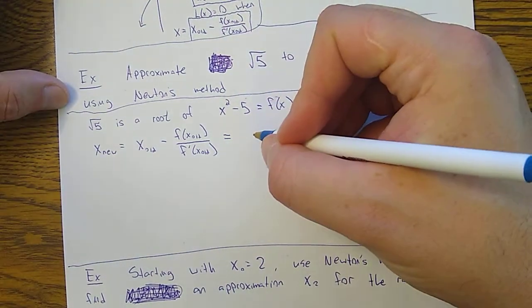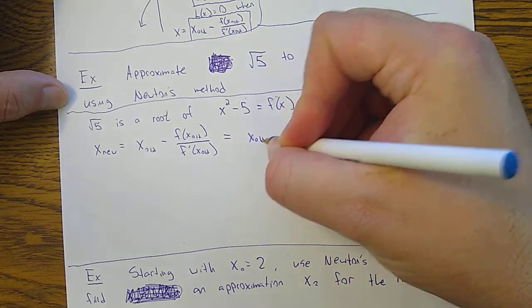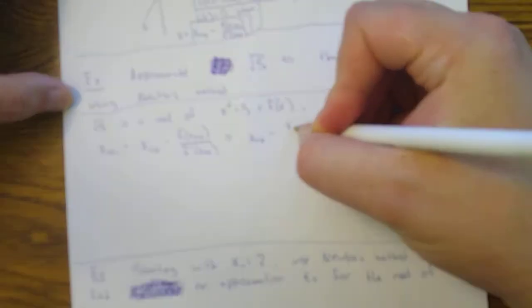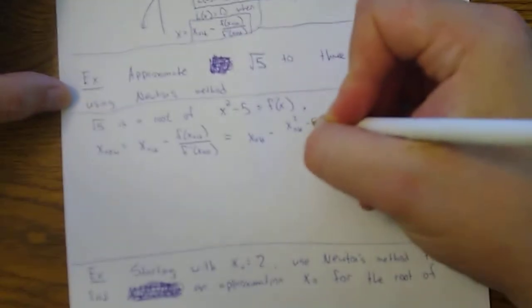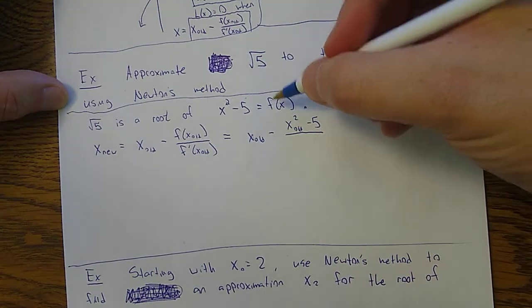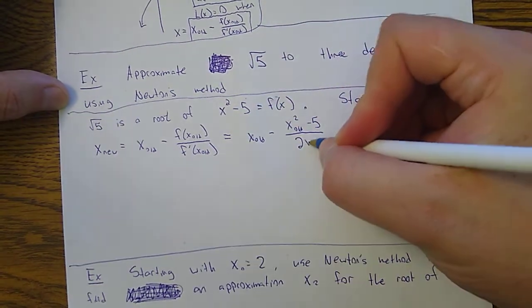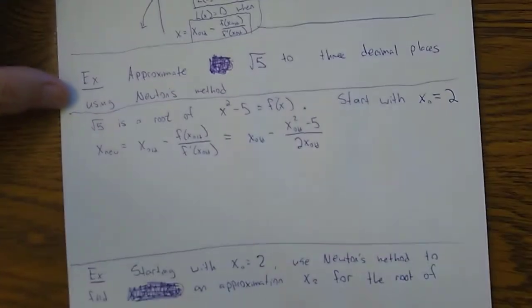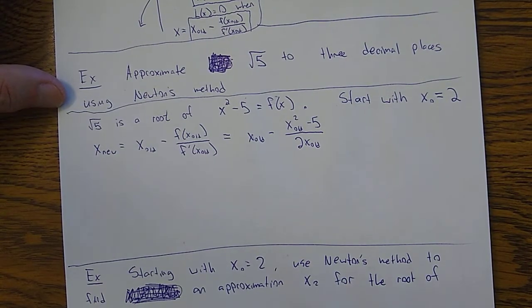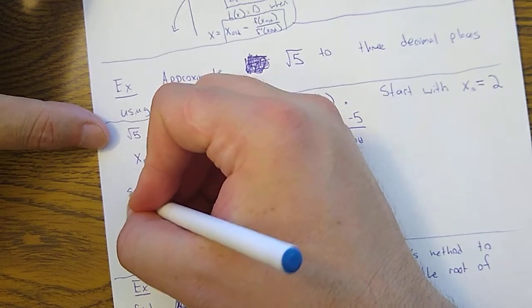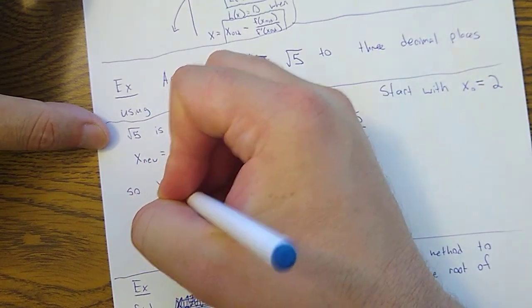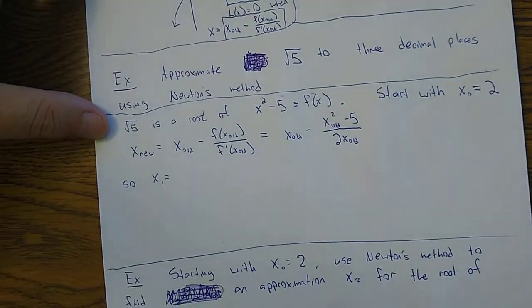So, right. f prime would be 2x. So it's like I've got this. So I can start doing these.